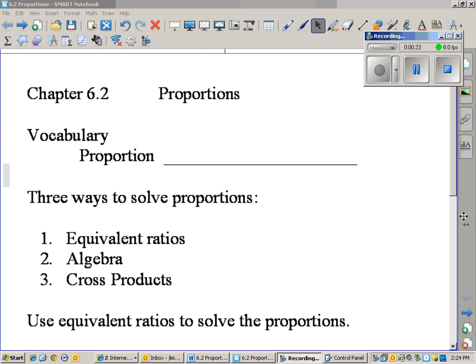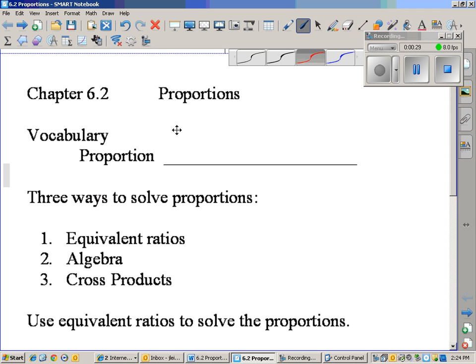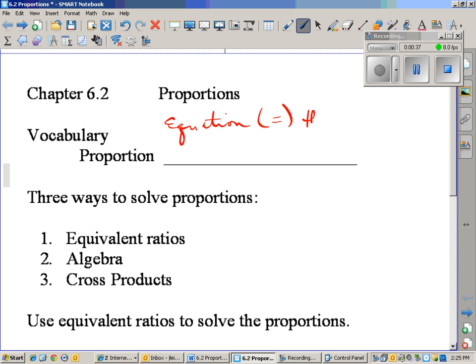So, vocab, definition of proportion. If you have your book open, fine. If not, I'll go ahead and write it out for you. A proportion is an equation, so we know there's going to be an equal sign that says two ratios, that's from 6.1, are equal.